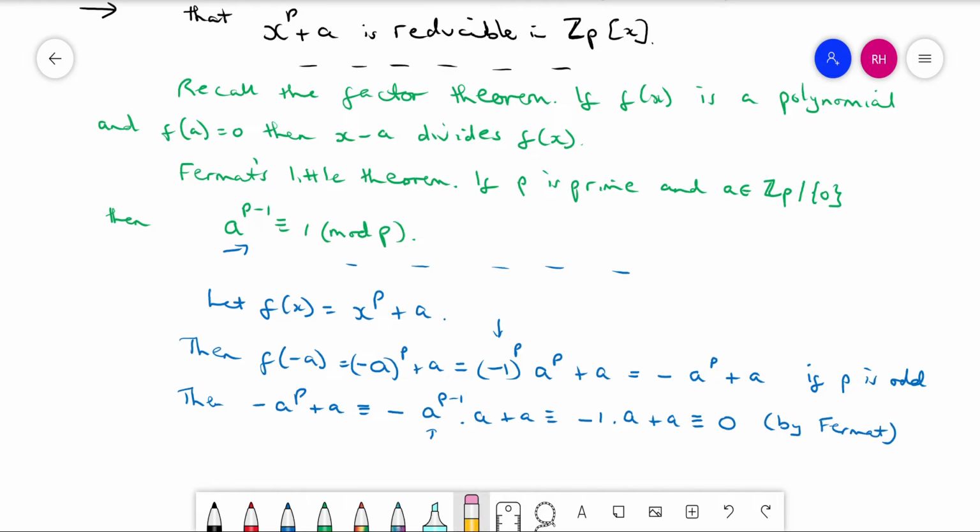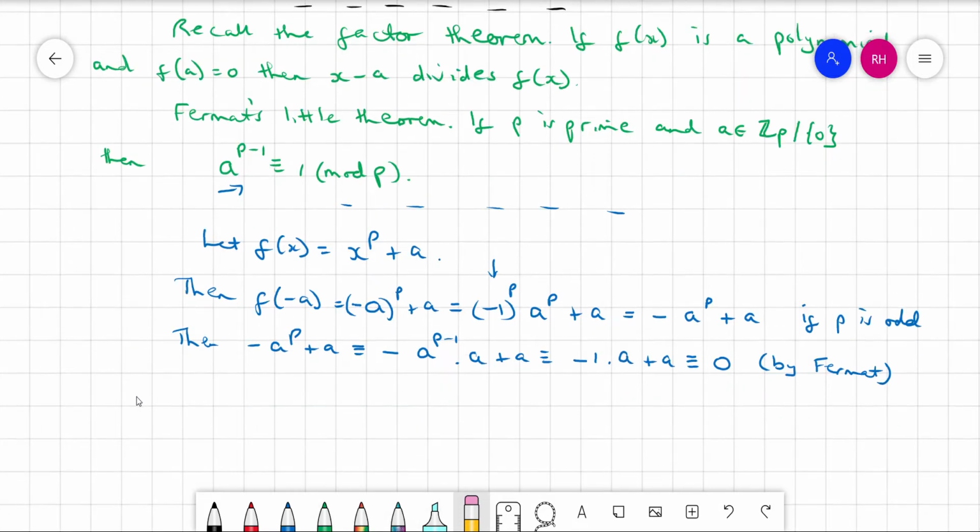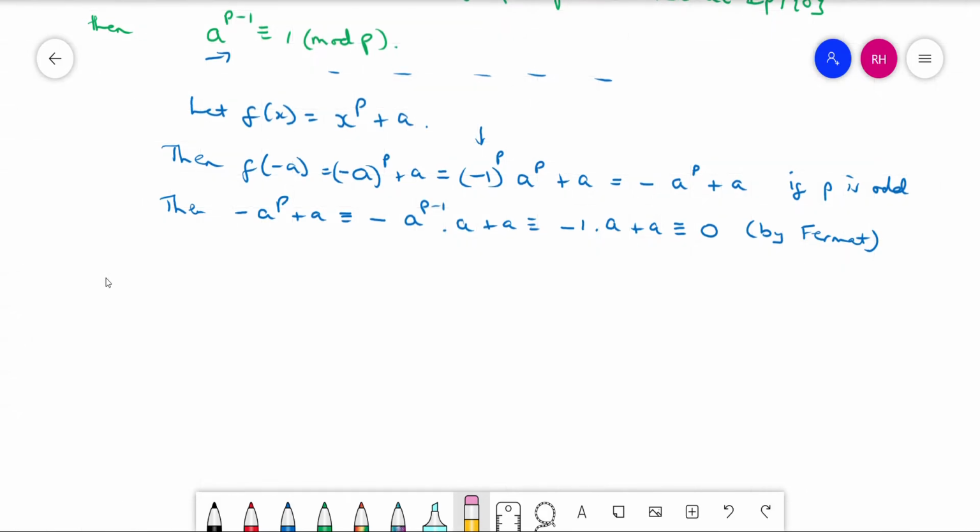Okay. So what have we done here? We've shown that f of minus a, which is what we started off with here, is equivalent to 0 modulo p.